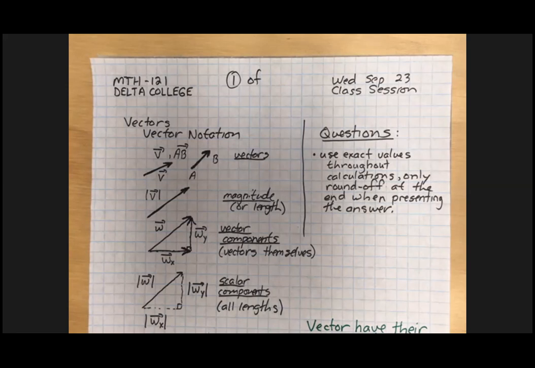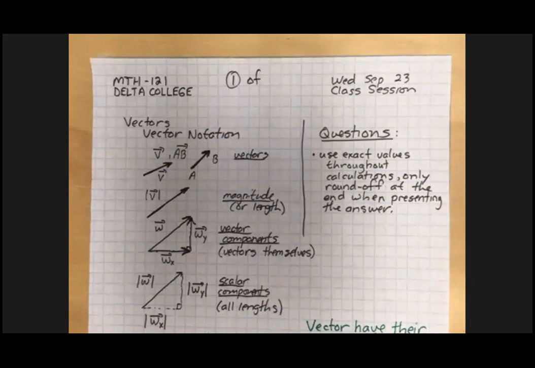What you need to know about vectors is simply, it's just a different way of talking about motion, about distance and length. It's a different way to use a right triangle.